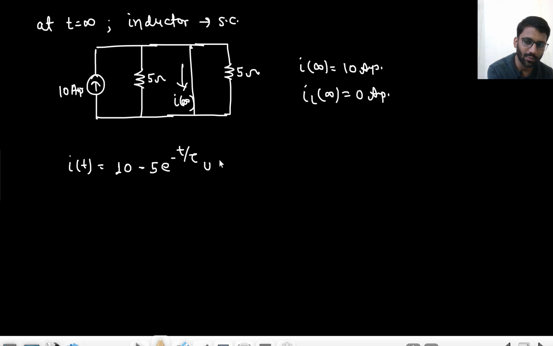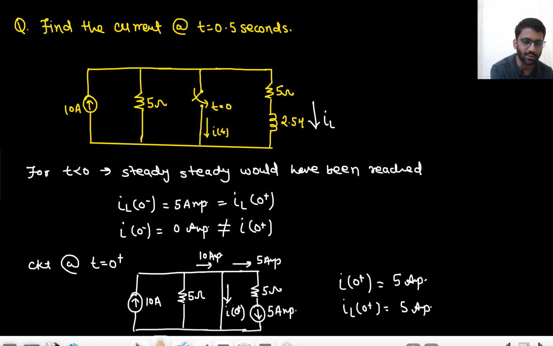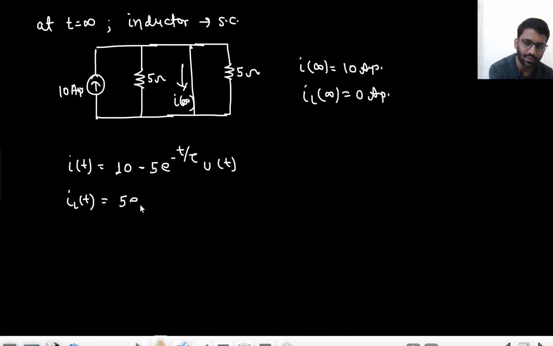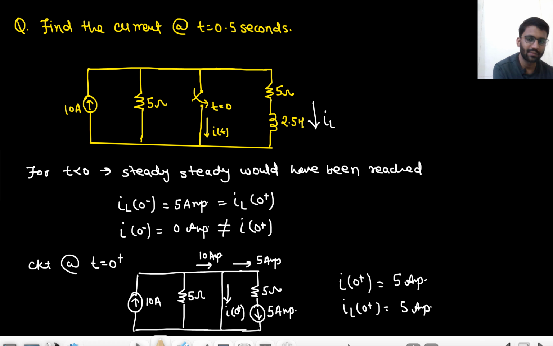So what is IT? IT, you are going from 5 ampere to 10 ampere. We need to find the time constant as well. And what about IL? In IL, you are going from 5 ampere to 0 ampere. Now you need to find the time constant. At t greater than 0, the switch is closed and the 10 ampere current source will be gone.